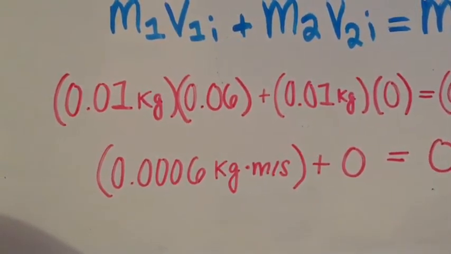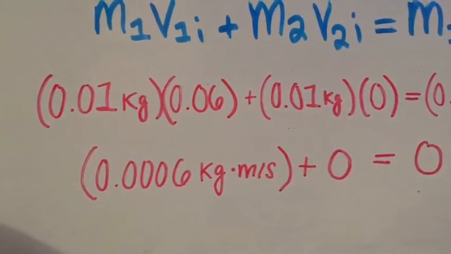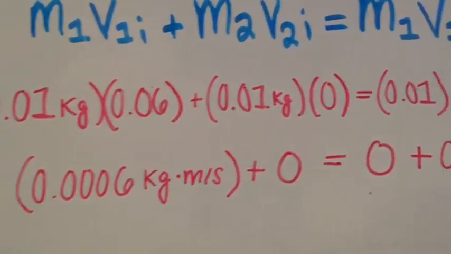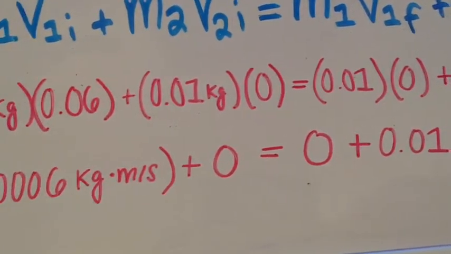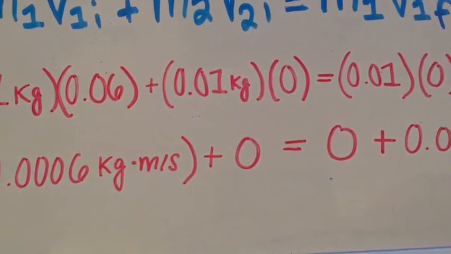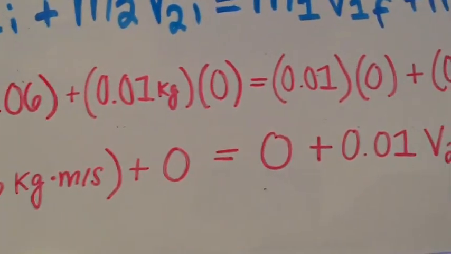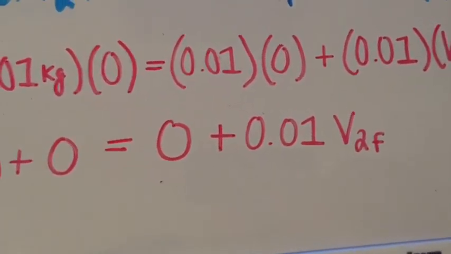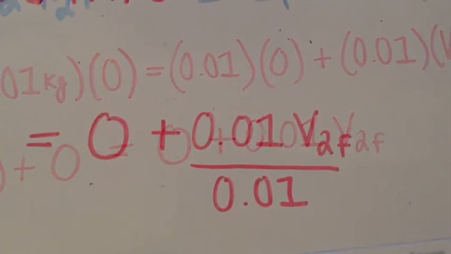The initial momentum for mass 2 is 0 because the initial velocity is 0 due to the object being at rest. The final momentum for mass 1 equals 0 because this time its velocity is 0 meters per second. The momentum for mass 2 is left with a variable.